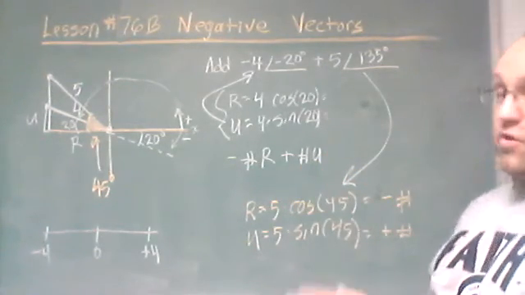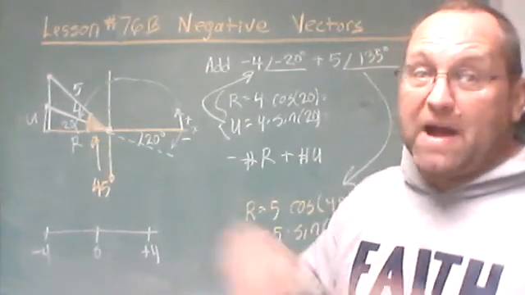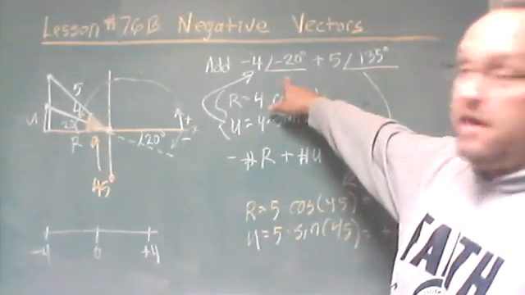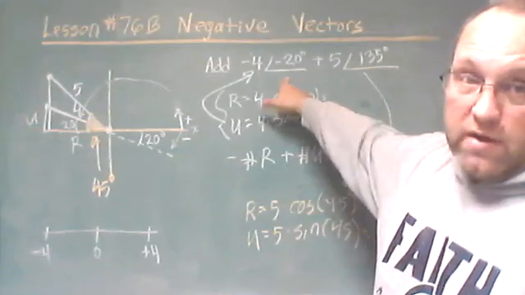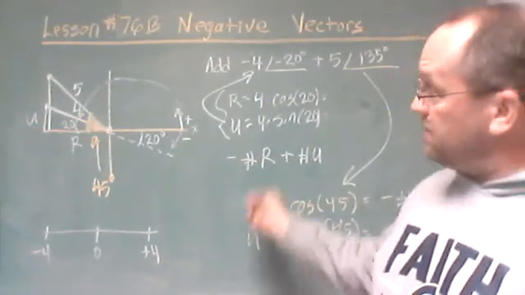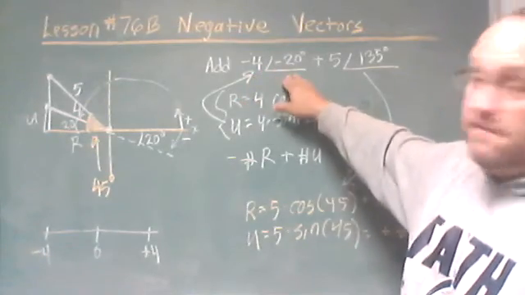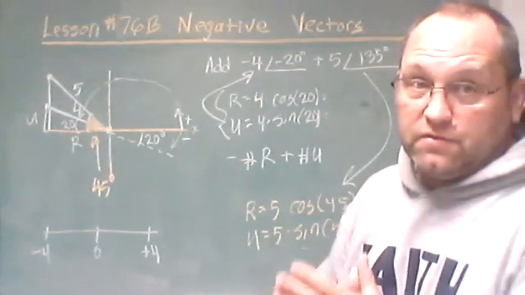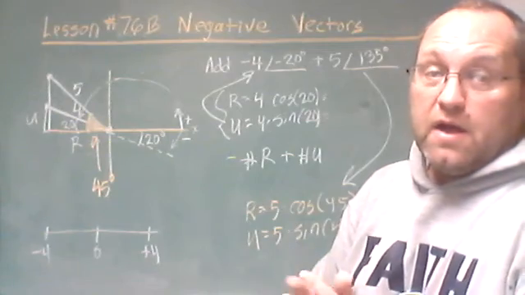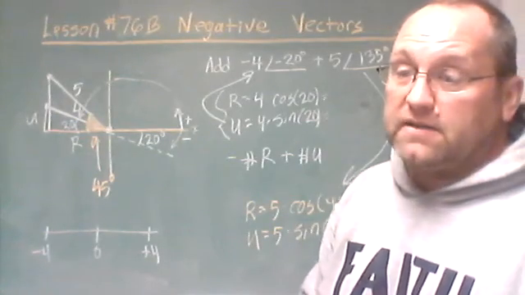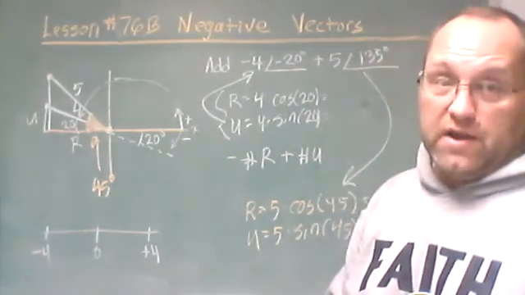And of course, just like in lesson 63, I combine them back together to get a polar coordinate. I'm not going to do that. I just wanted to handle the negative distance. The negative angles are a combination of the two in this one. If you need help adding vectors, refer back to lesson video 63 from Monday.